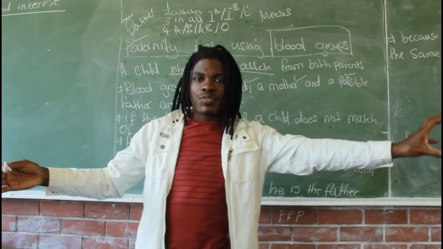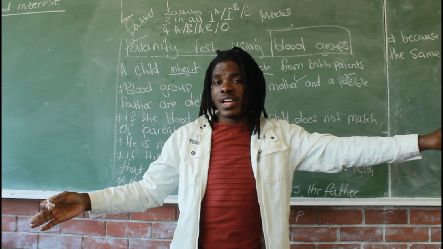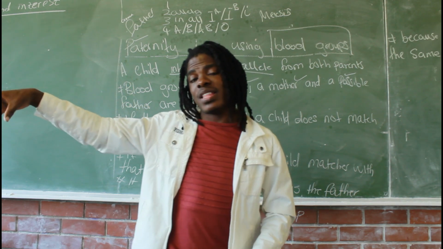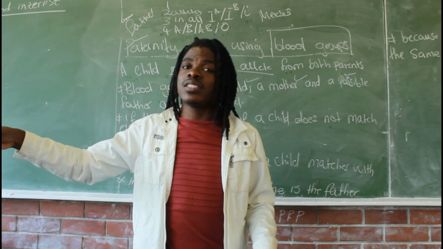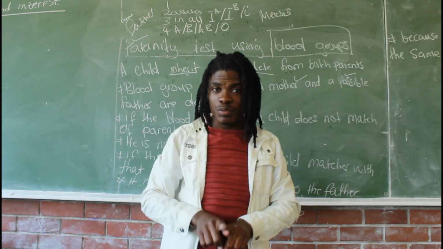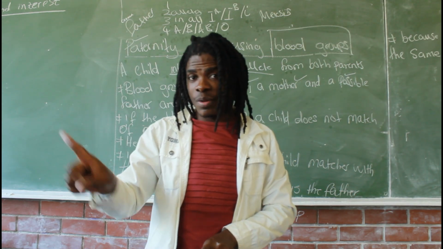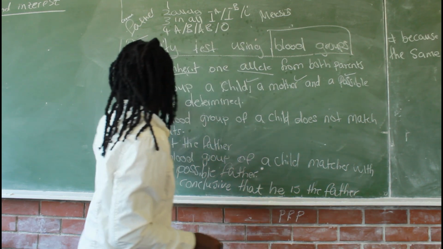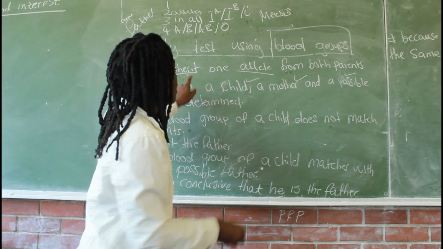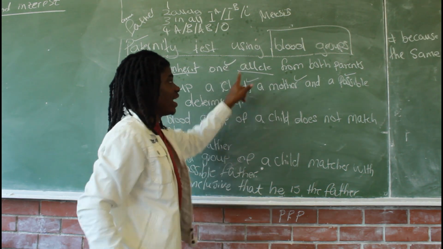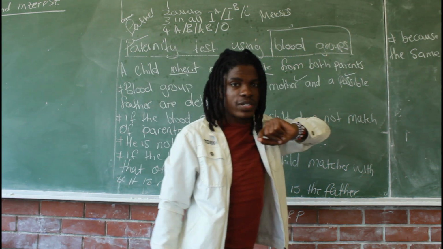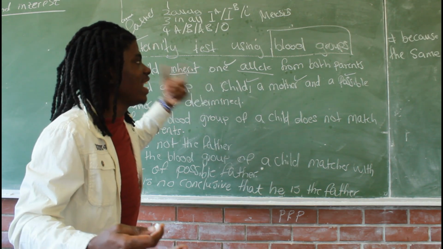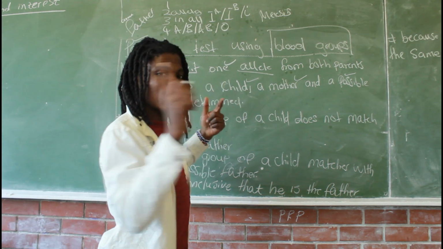The gametes from the father have their own alleles, and the gamete from your mother has its own alleles. So when these 2 come together, it's one allele from your mother and one allele from your father. That's why we say a child will inherit one allele from both parents, one allele from each parent.